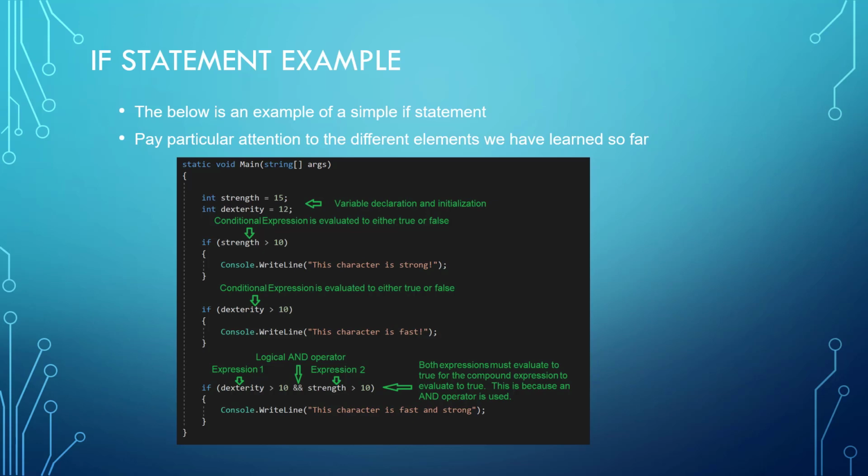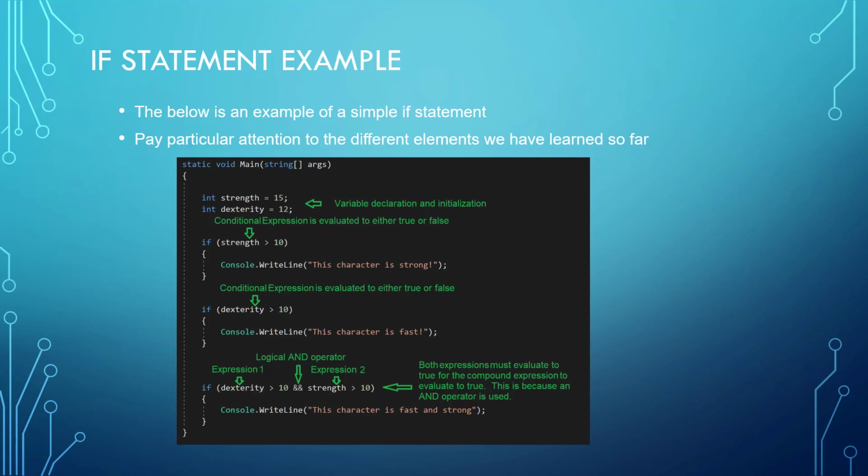Well, we know dexterity is greater than 10 because it's a 12. So we know the computer is going to evaluate that to true. But what we want is this logical operator here is an AND. So what it means is that both of these expressions need to evaluate to true.